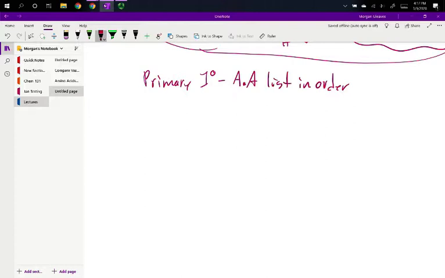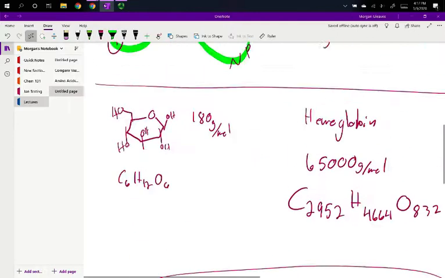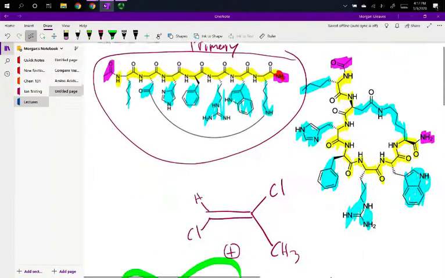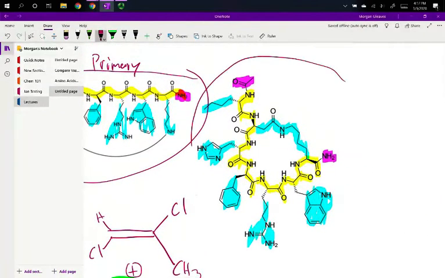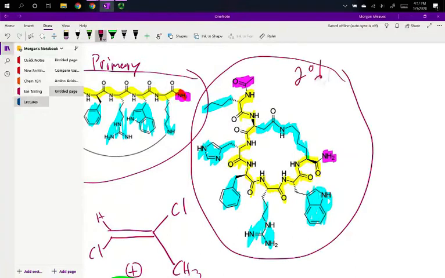Secondary shows us the local shape. So what does that mean? Well, let's go back up to our examples here. Over here on the right, where we actually show how it kind of links together and curves around, this would be closer to a secondary.